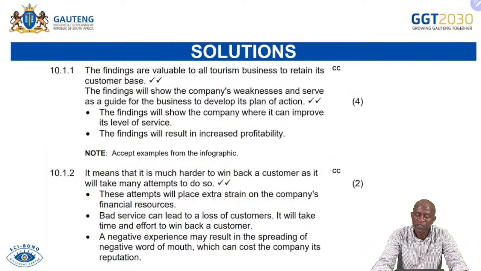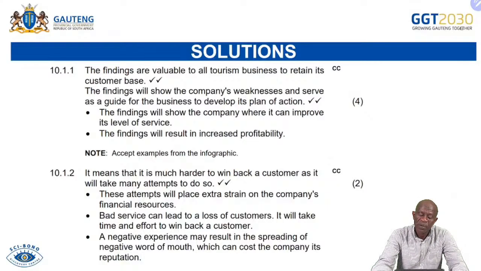The findings are valuable to all tourism businesses to retain its customer base. That is 2 marks. The findings will show the company's weakness and serve as a guide for the business to develop its plan of action. Another 2 marks, and that gives you a maximum of 4.